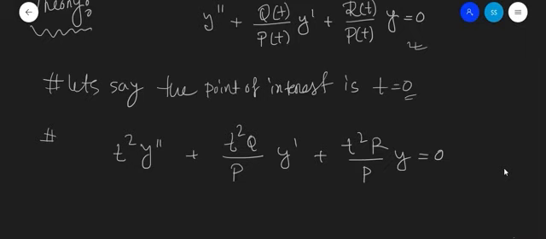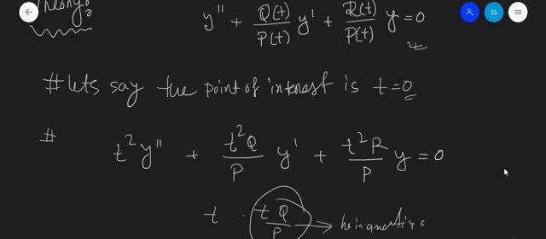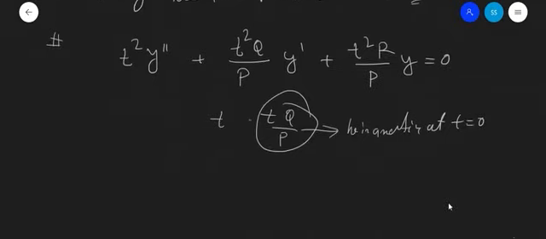So what one can do right now is that using this fact, you can decompose this thing as t times t q by p, and this guy over here is analytic at t equals to 0, because I am assuming that p itself has a singular point at t equals to 0.